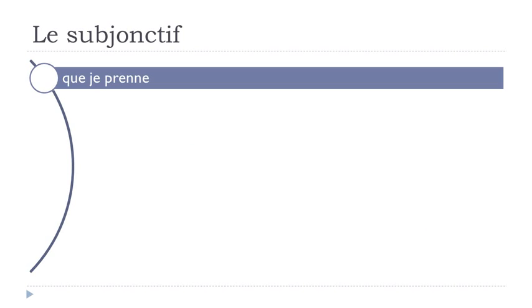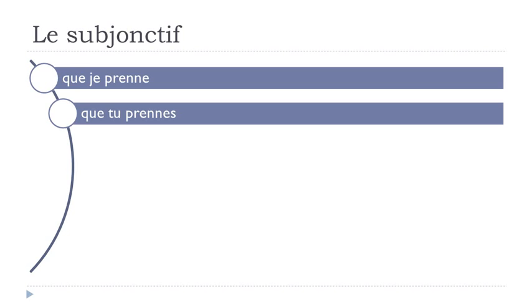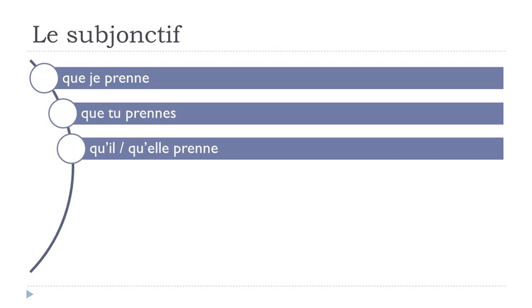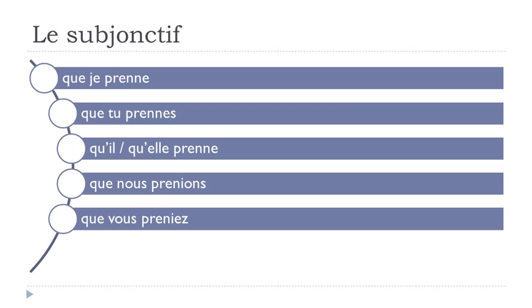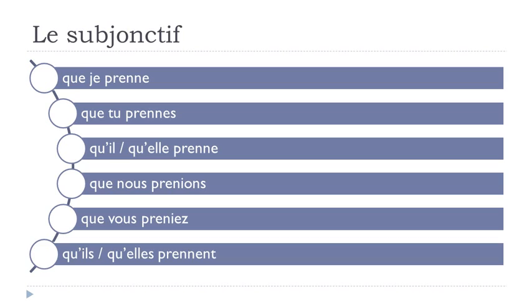So, que je prenne, que tu prennes, qu'ils prennent, qu'elles prennent, que nous prenions, que vous preniez, qu'ils prennent, qu'elles prennent. And this is the reason why students are a bit worried usually at the beginning, just because, as we saw, we've got two different constructions. So for the first part here, and the second part for nous and vous.